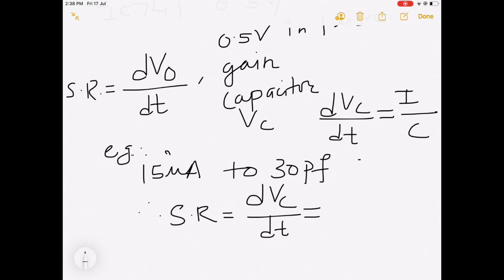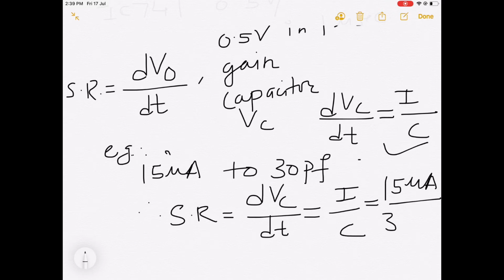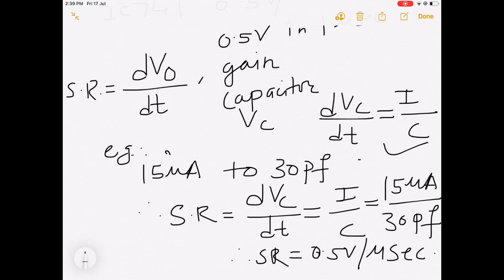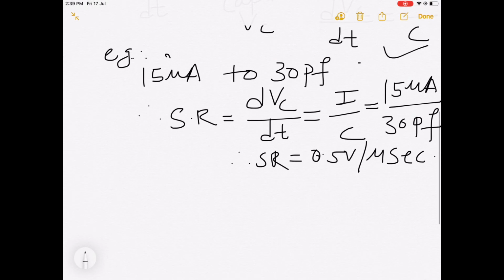And this is nothing but equal to I by C. So you can directly write here I is 15 microampere divided by C is 30 picofarads. So what will be the slew rate? Slew rate is 0.5 volts per microsecond. Okay. So in this way slew rate can be calculated.